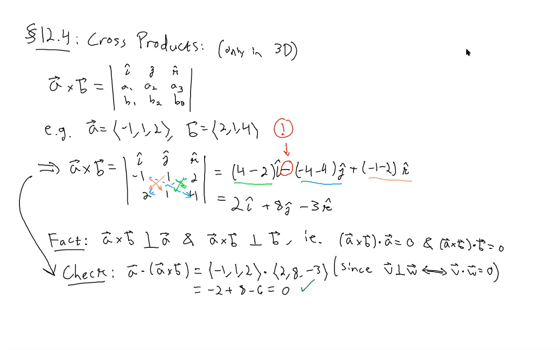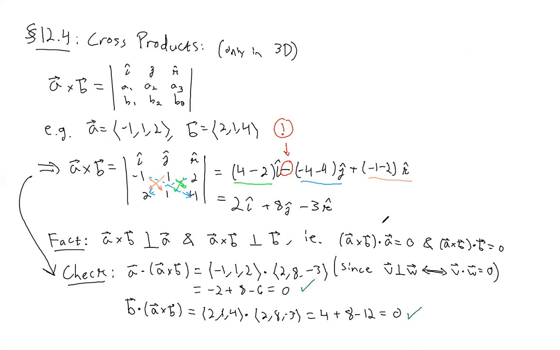What about the other one? We also have B dot A cross B. That's 2, 1, 4 dotted with 2, 8, -3, which comes out to 4 plus 8 minus 12, and that's also 0. So that also works.